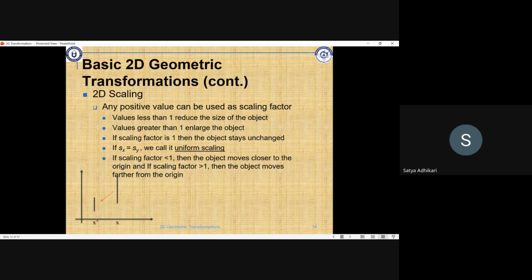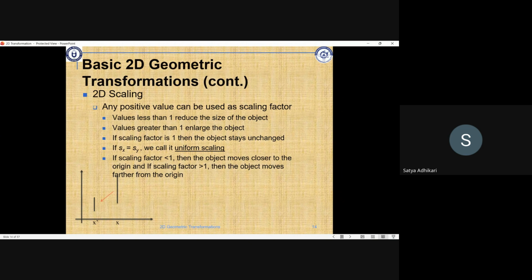If the scaling factor is less than 1, then the object moves closer to the origin, obviously. If the scaling factor is greater than 1, then the position increases, and the object moves further from the origin. You see here, there is a line.